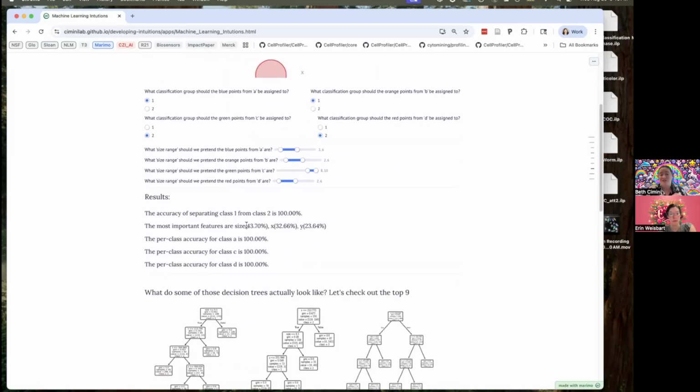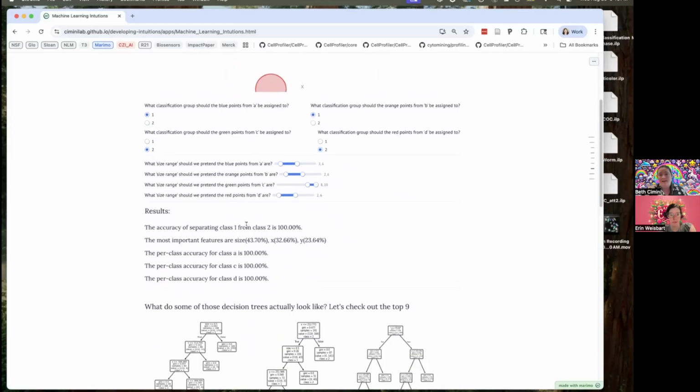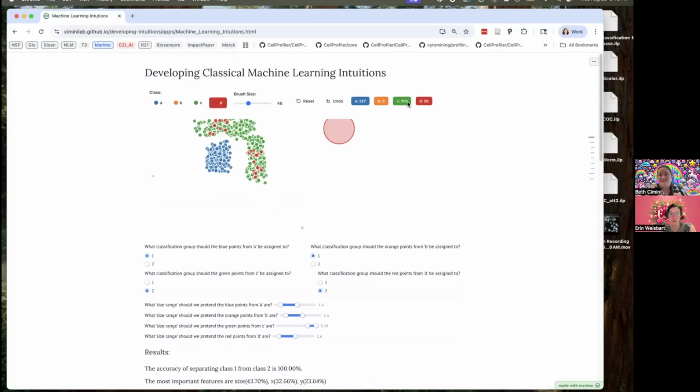Most of our model is still all about size. That's because only 10% of the things here are actually D. I have 30 dots of D and 300 dots of C. So some of our trees only have a couple of red points total.